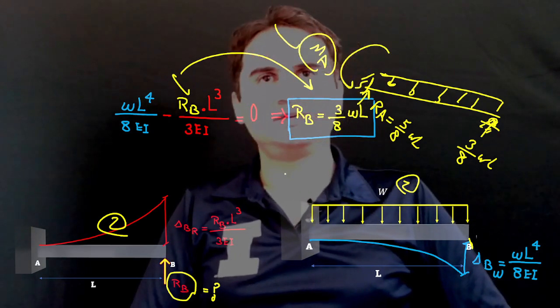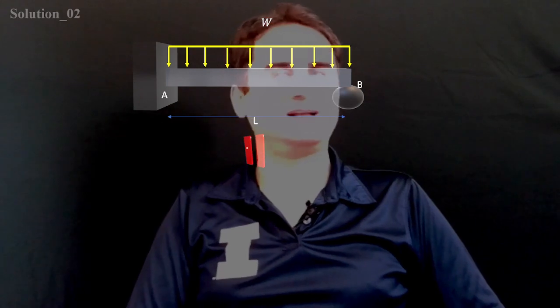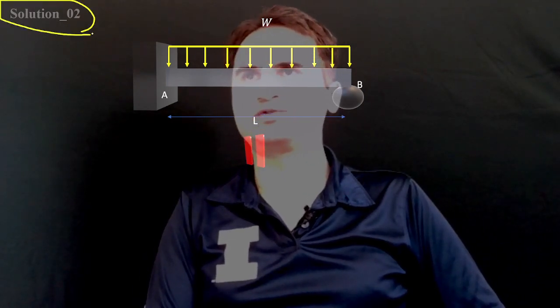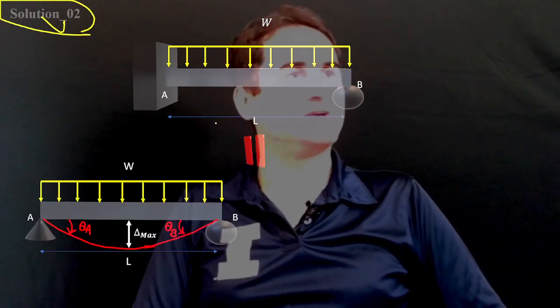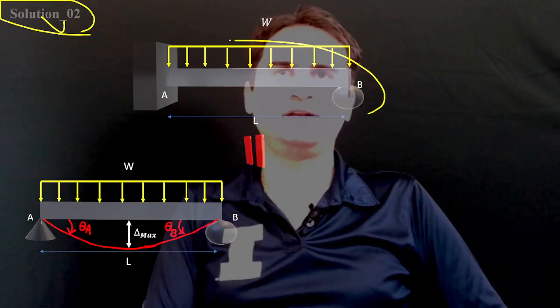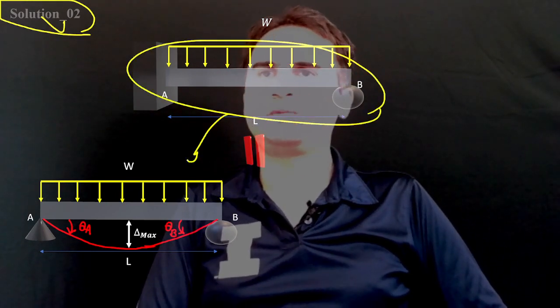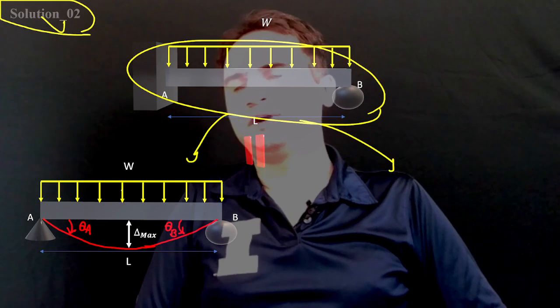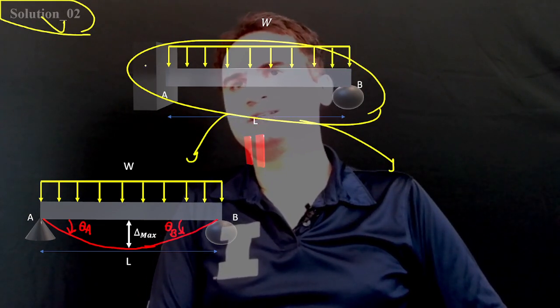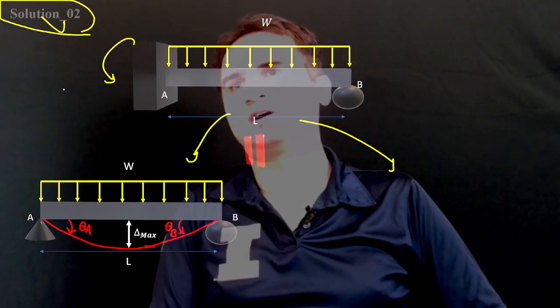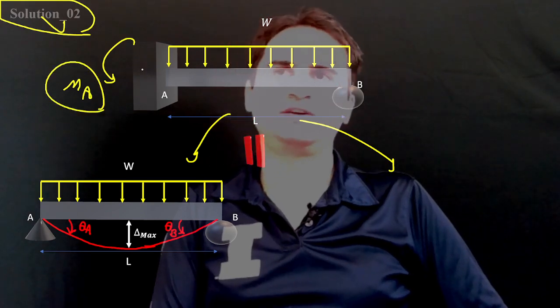There is another method for this calculation, so we call it solution 2. You can again dissect the 1-degree indeterminate structure, but this time remove the moment and consider the moment at A as the redundant.